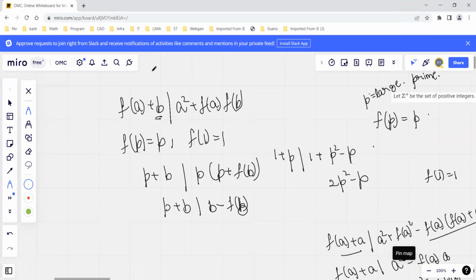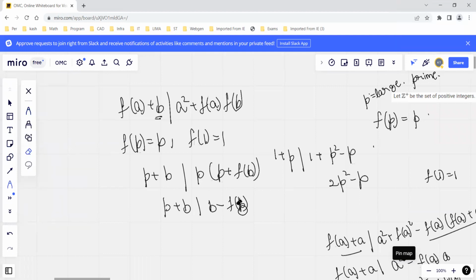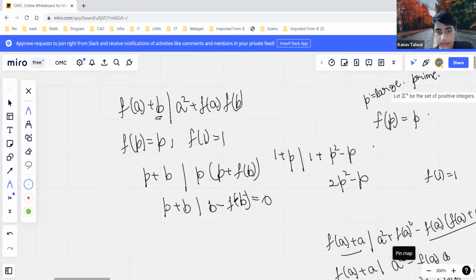We can remove that factor, right? p plus b and b are co-prime. Now take p large enough such that p plus b is greater than that thing, which means b minus f(b) should be 0.